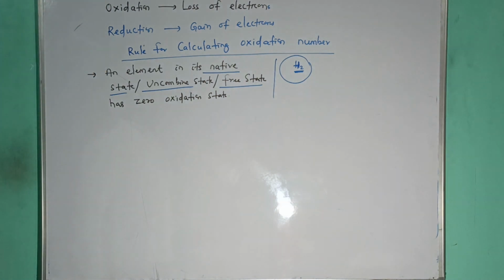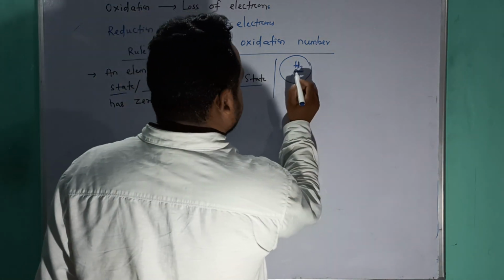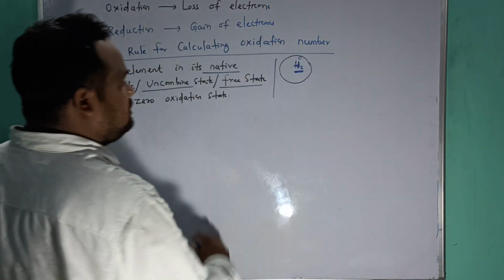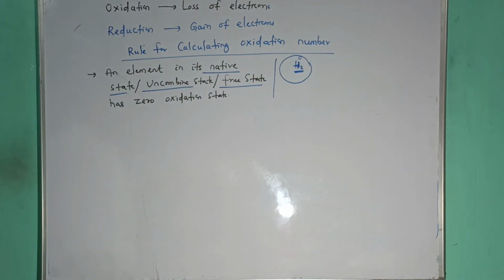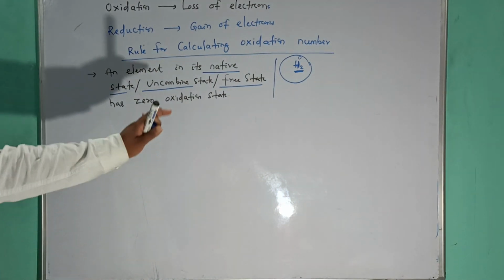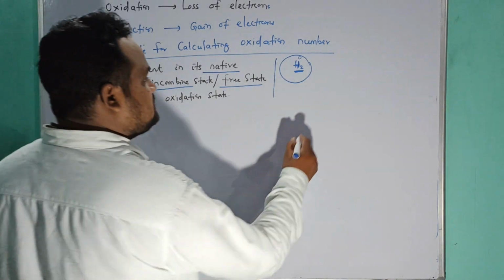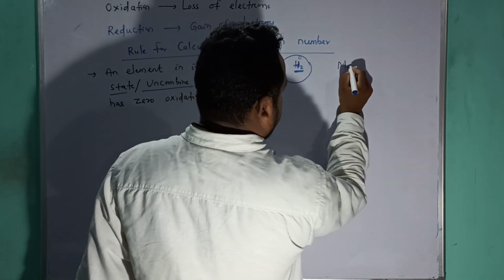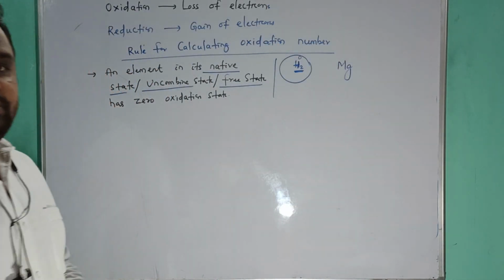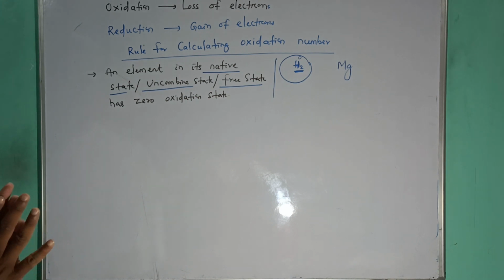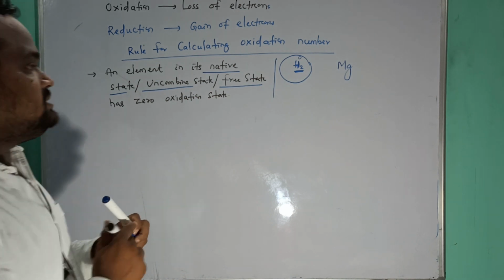So this is the uncombined or native state or free state of hydrogen. Means here hydrogen has oxidation state 0. Magnesium, that is your free state, did not combine with any other substance.